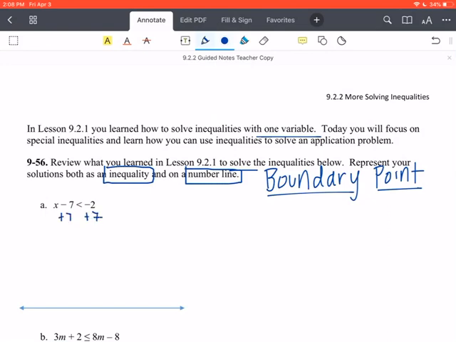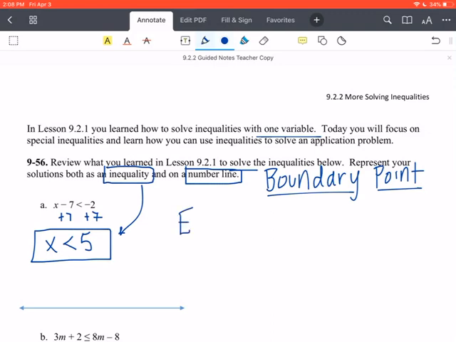I keep the symbol of the inequality the same unless I am dividing or multiplying by a negative, which adding 7 doesn't fall into. So I keep my less than. Negative 2 plus 7 is 5, and like that, I'm done. That is my inequality. All numbers that are less than 5 will make the original statement true.